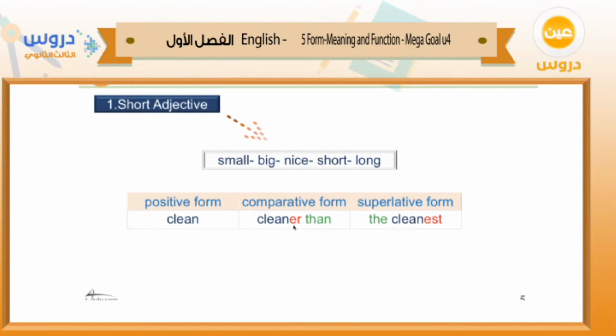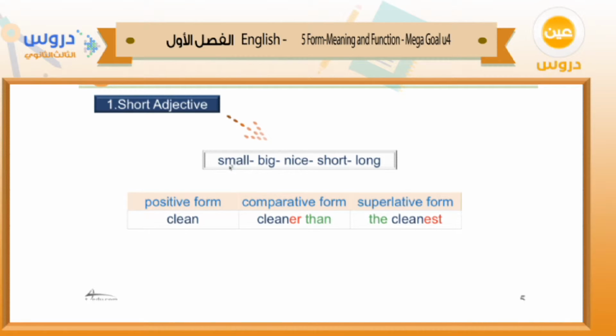We have to add er followed by than, alright? But what about the superlative form? More than two. Superlative form means one among more than two. So here we have the cleanest. We add the, then the adjective, then est: the cleanest.